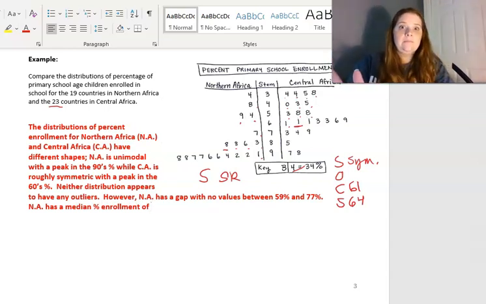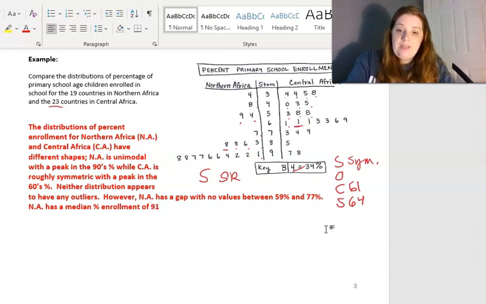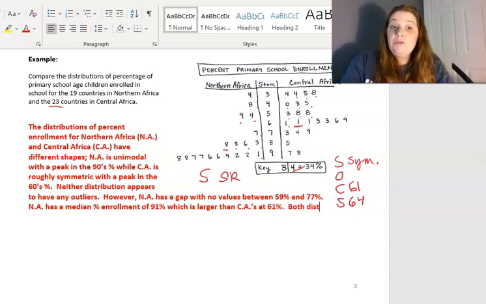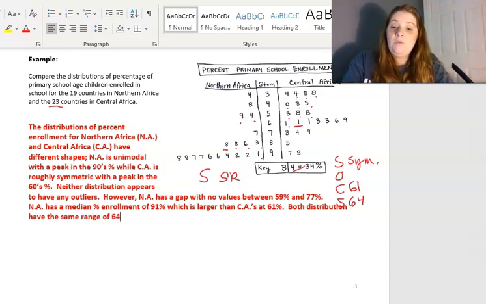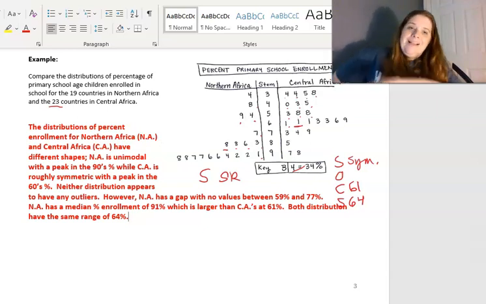Oh, I deleted it. 91%, which is larger than Central Africa's at 61%. Both distributions have the same, let's say, range of 64%.